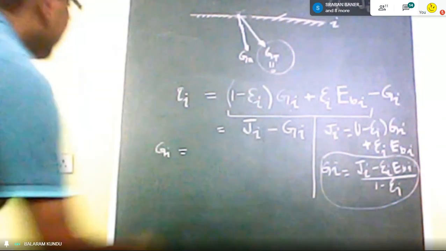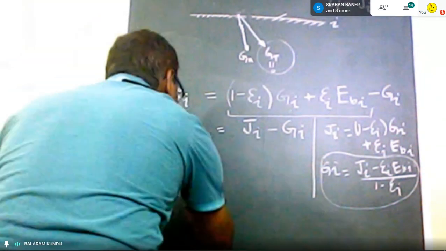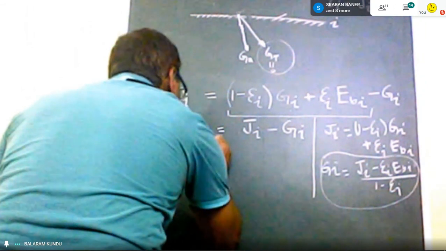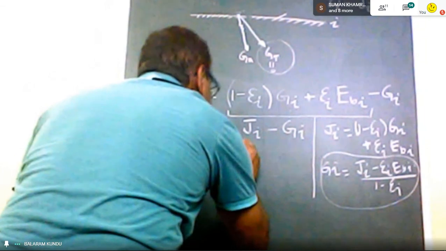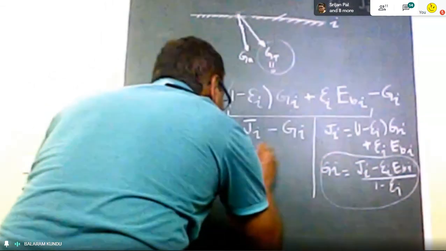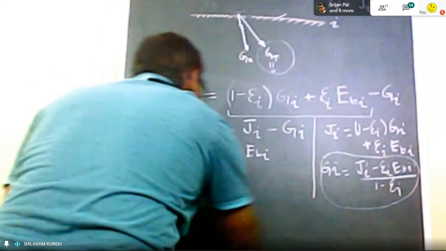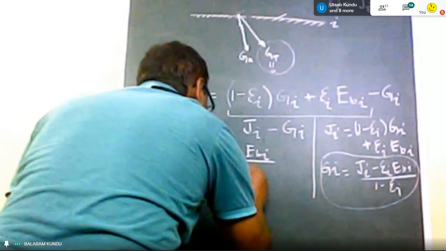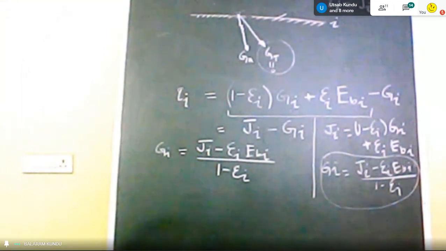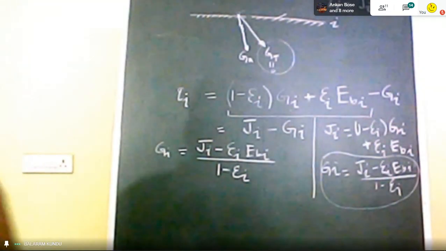So that means here Ji minus epsilon i into Ebi, whole divided by 1 minus epsilon i. This is your expression. So that is Gi.